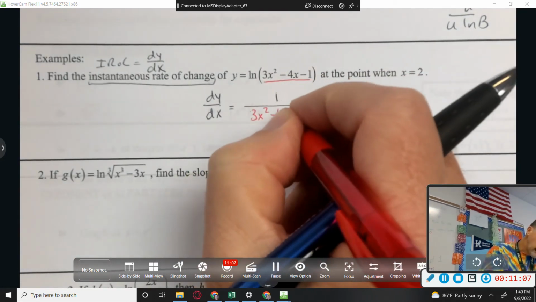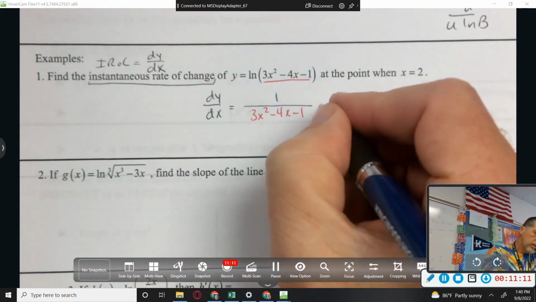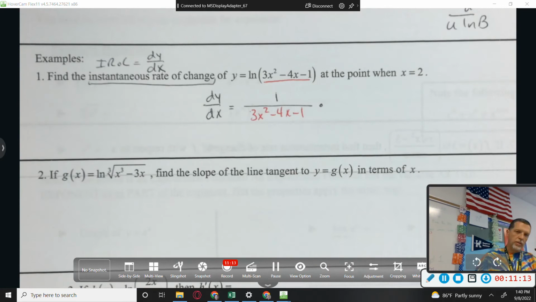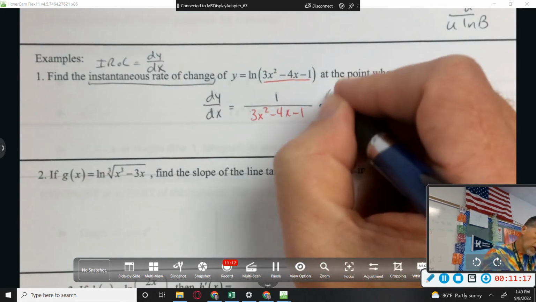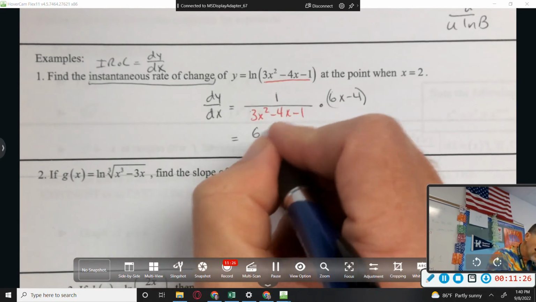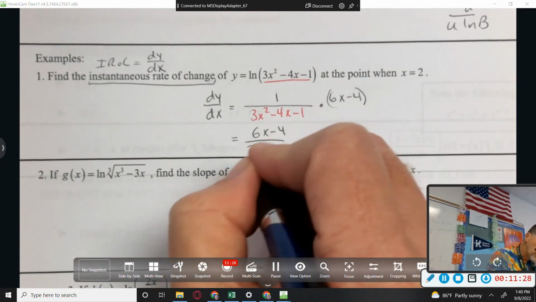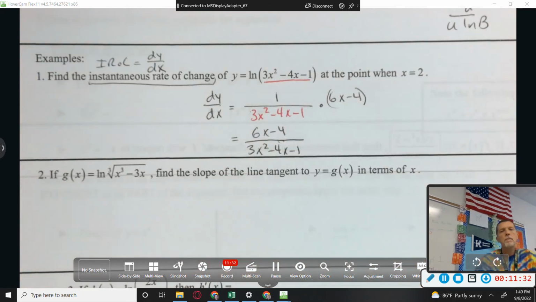3x squared minus 4x minus 1 times the derivative of the argument, which is 6x minus 4. Again, that looks a lot neater if you just wrote 6x minus 4 over 3x squared minus 4x minus 1 to start with.